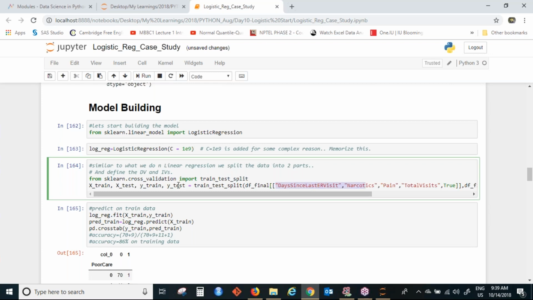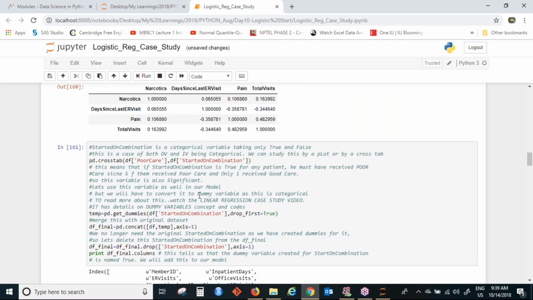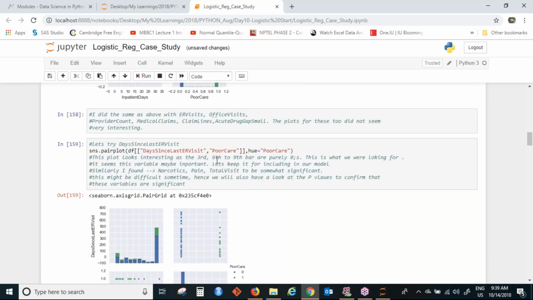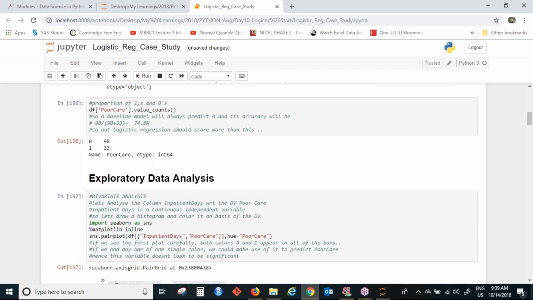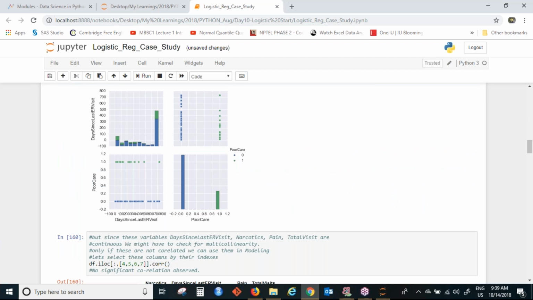Of course, before you use independent variables, you will have to convert the categorical variables to dummy variables, using the same concept that we did earlier. So don't forget what you have learned in linear regression.